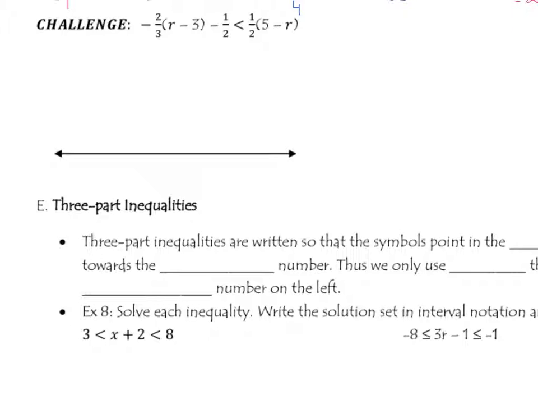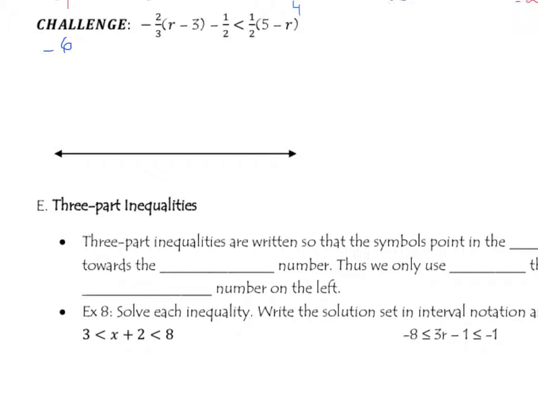Alright, to do this you want to clear your fractions by multiplying everything by negative 6. Your least common denominator is 6, and so when you multiply everything by negative 6, you clear out some of those negatives. You just have to remember to reverse the inequality.